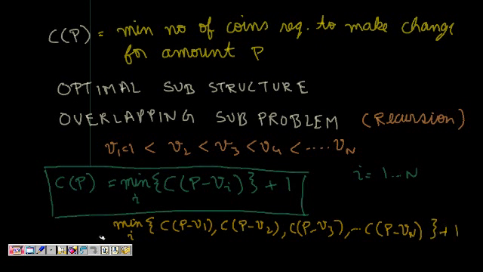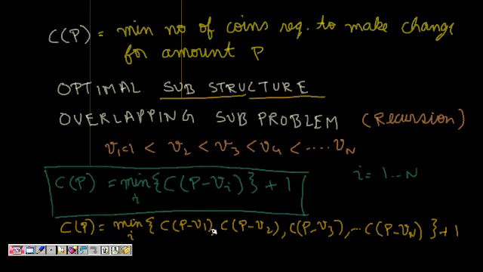I'm recursively solving this problem, and this is the optimal substructure. So I can come to C of P, I have to make change, and that change I can make.